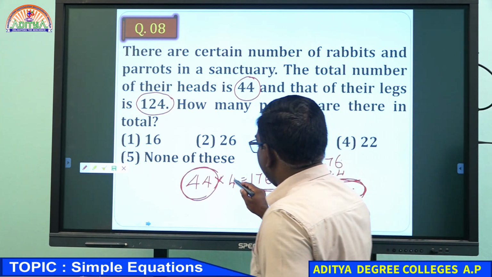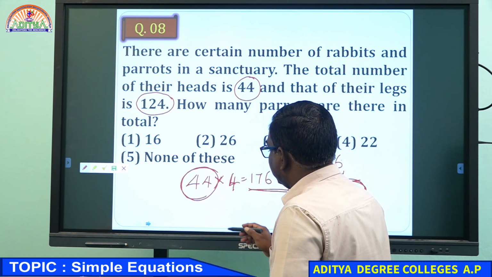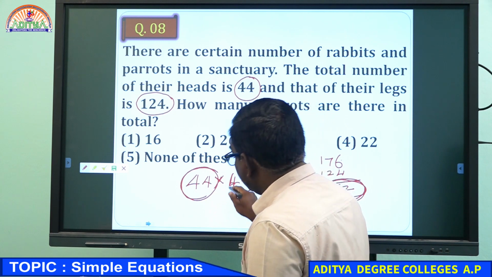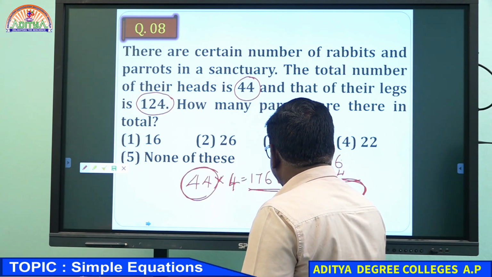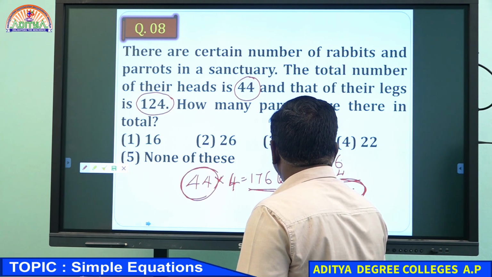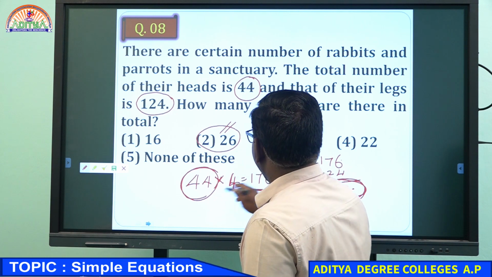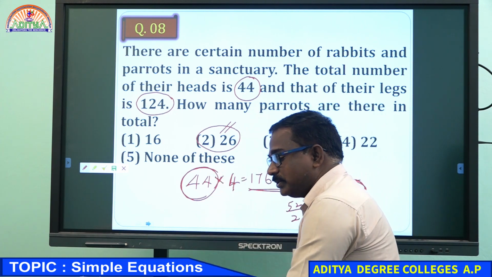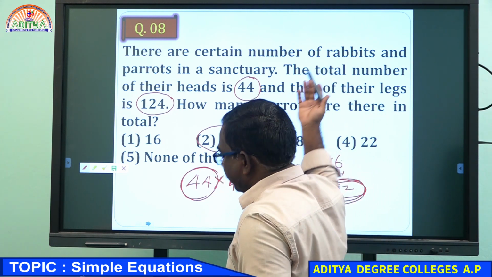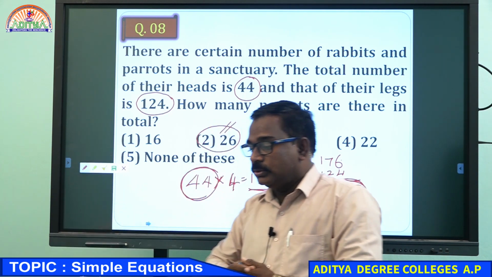We took 4 legs for rabbits, but a parrot has 2 legs, so we took 2 more for each. So 52 by 2 is 26. So 26 parrots are there. Without equations, we can do it by taking 44 parrots or 44 rabbits. If not, we can solve those 2 equations to get the answer.